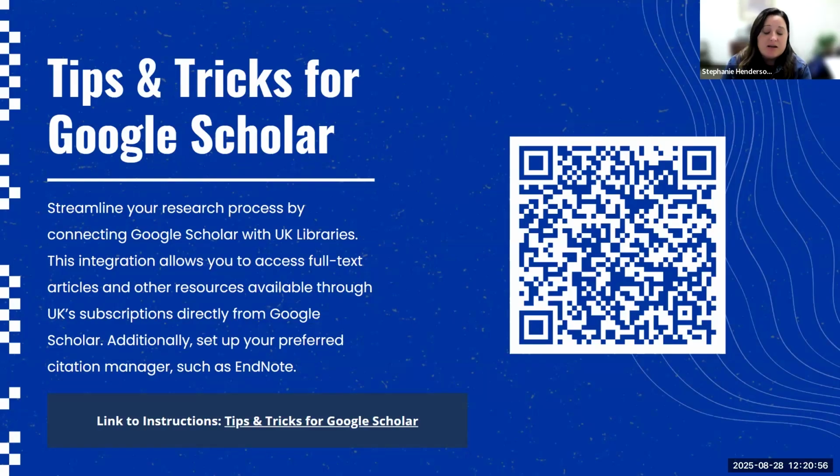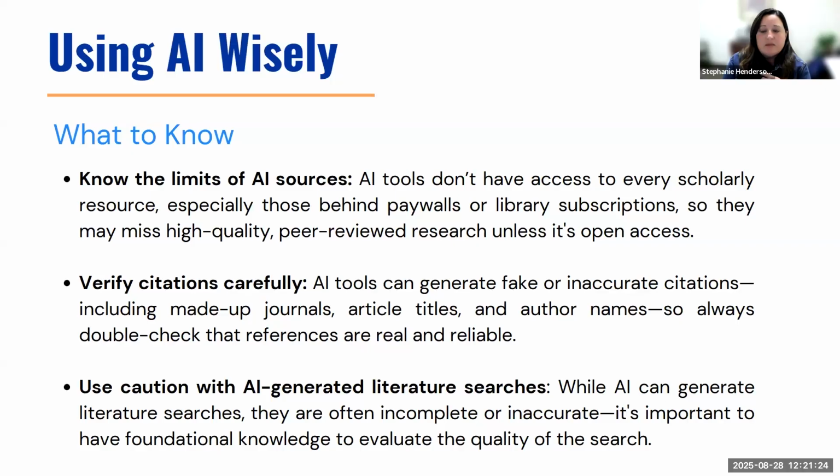If you create a Google Scholar account, you can also bulk export from Google Scholar into EndNote, and you can set your citation manager preferences to EndNote as well. So there are just some tips that we have for that. You can find them on the link or on the QR code.